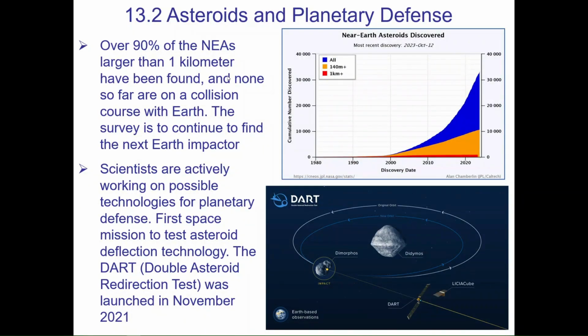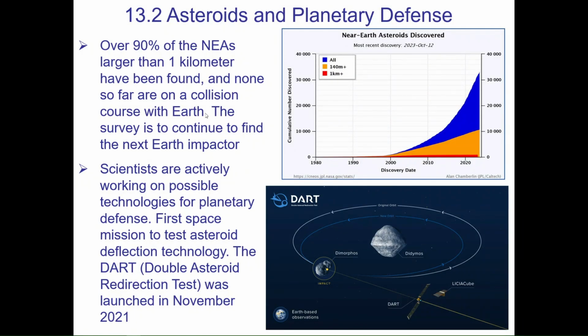And you can imagine the larger the asteroid, or NEA, near-Earth asteroid, the easier it will be to discover due to its size. And we believe we have already discovered over 90% of those larger than 1 kilometer. Luckily, fortunately, none of the big ones, the ones over 1 kilometer, are on a collision course with the Earth.